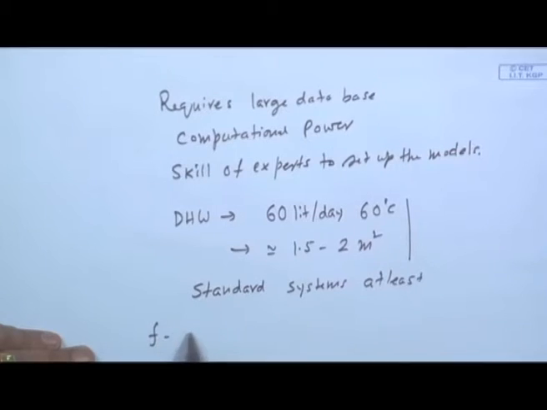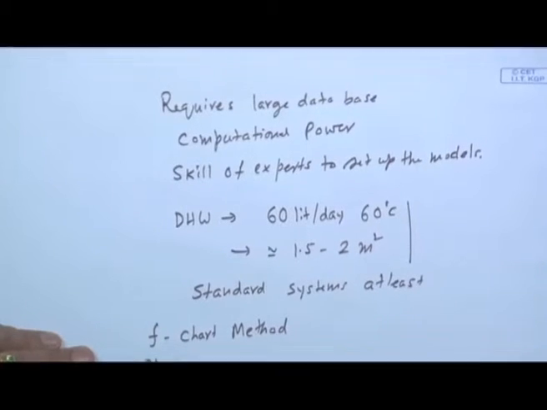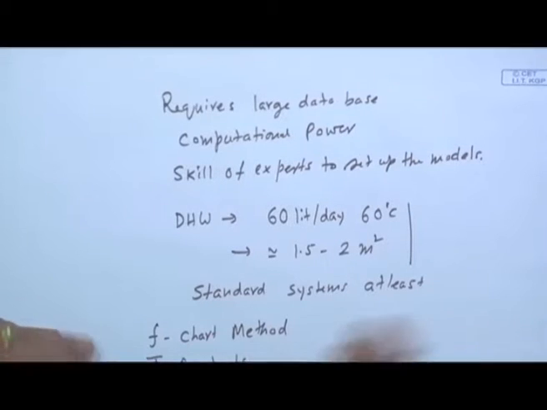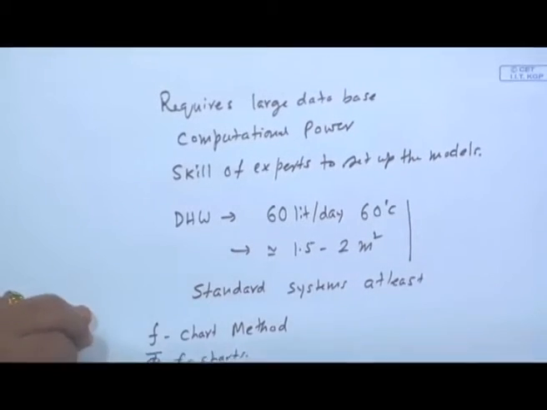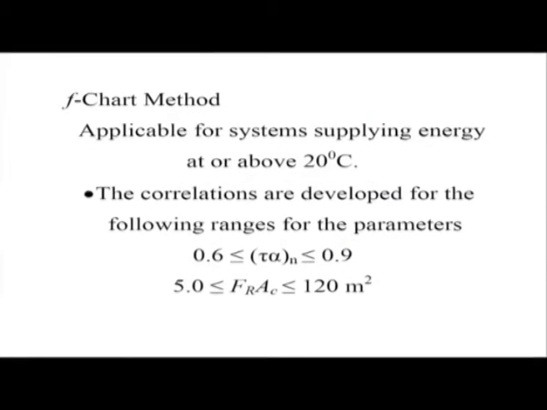So, the F chart method and the phi bar F chart method, once again developed at the University of Wisconsin, have been popularly called simplified design methods.